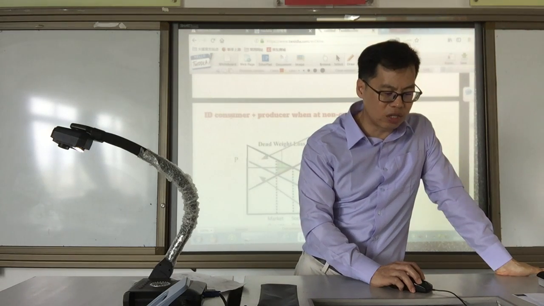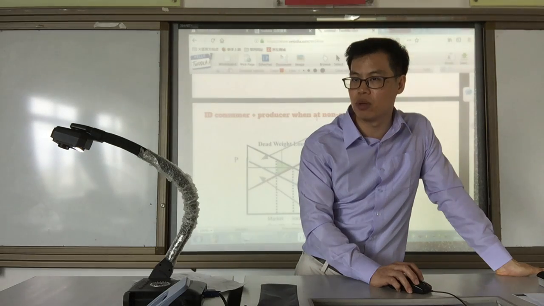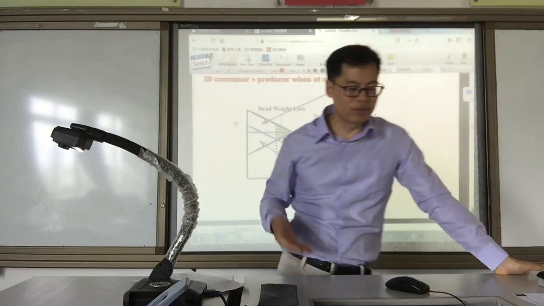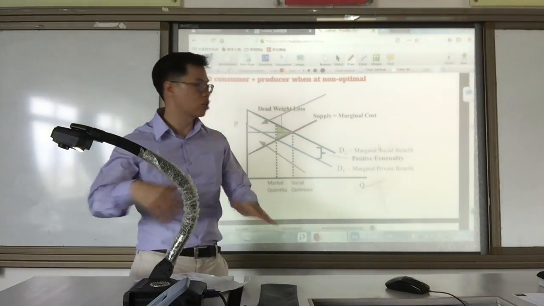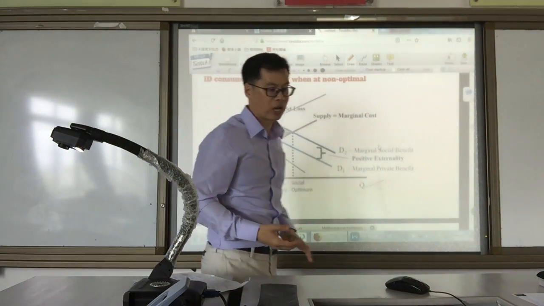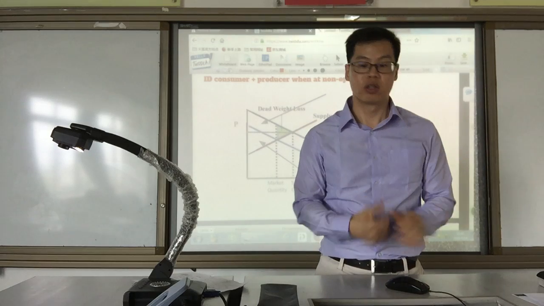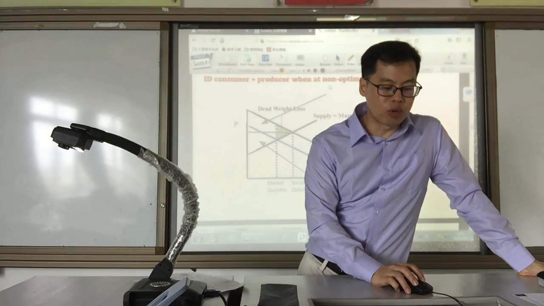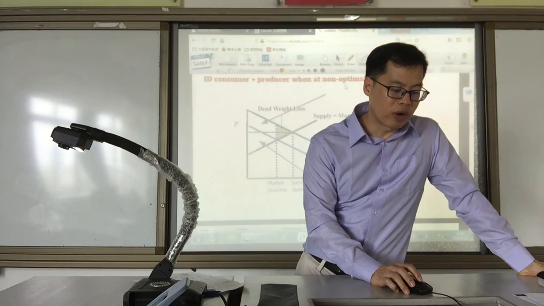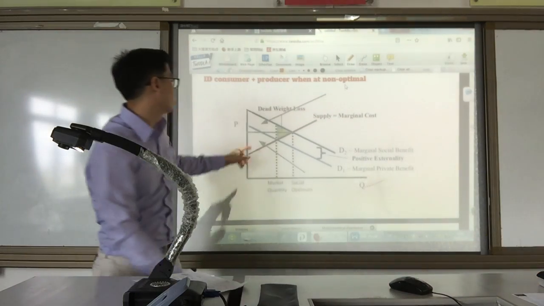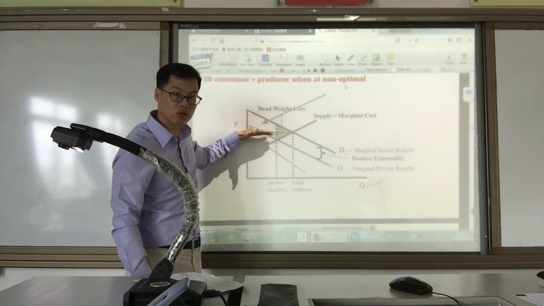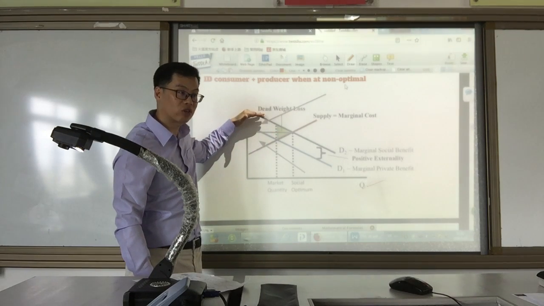It says ID consumer and producer surplus when you're at non-optimal. It would be nice for someone to come up here and do that, but we're kind of running out of time, so I'll just do it for you. So ID consumer and producer surplus when at non-optimal. Well, it's everything. Remember, it's price up to your demand curve.